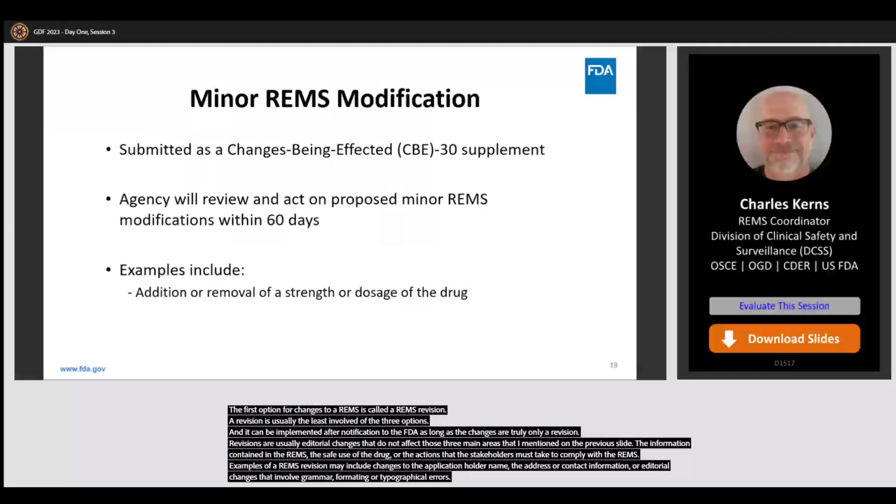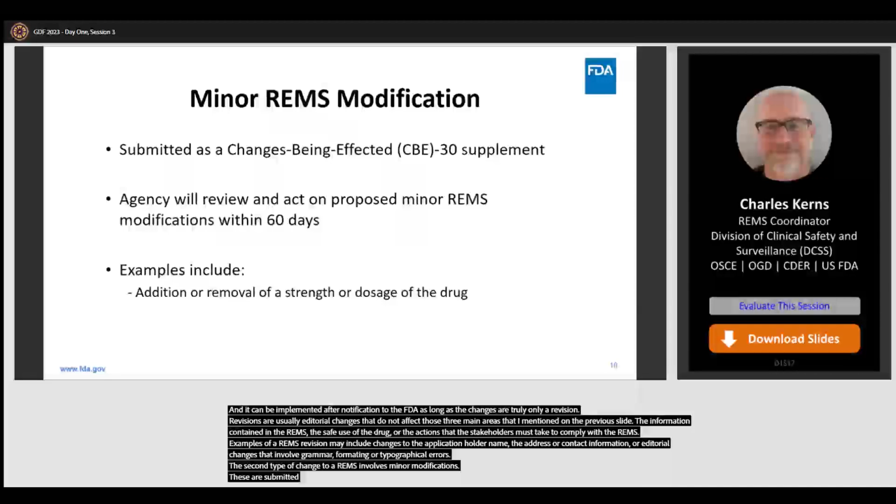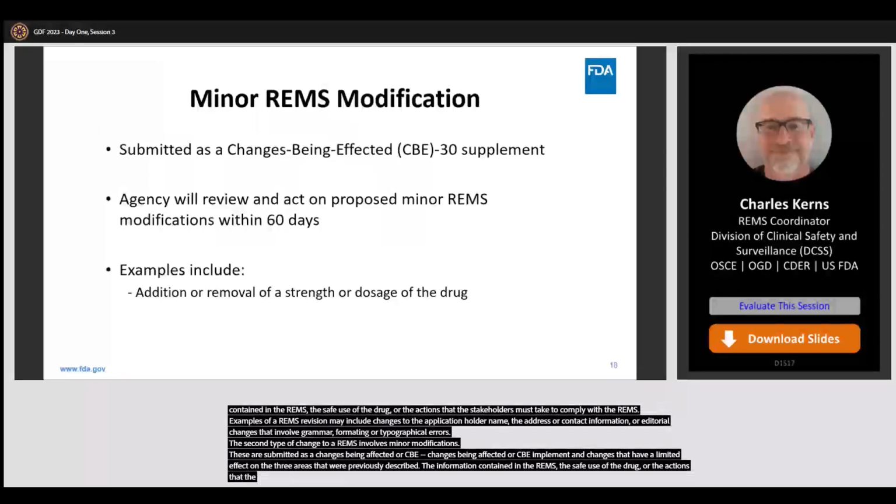The second type of change to a REMS involves minor modifications. These are submitted as a changes being effected, or CBE supplement, and are defined as changes that have a limited effect on the three areas that were previously described: the information contained in the REMS, the safe use of the drug, or the actions that the stakeholders must take to comply with the REMS.